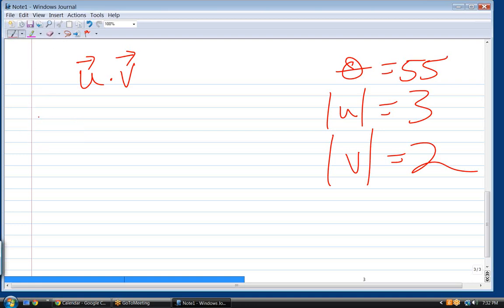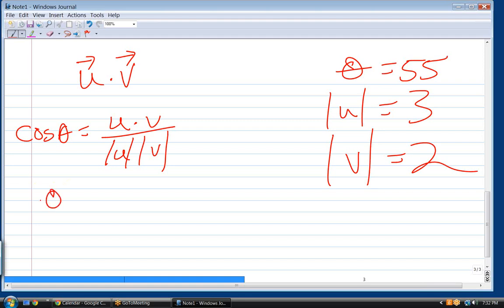The cosine of theta equals, you know what it is? It's actually not that hard to memorize. It's u dot v divided by the magnitude of u, the magnitude of v. Which means theta is equal to the inverse cosine of that.